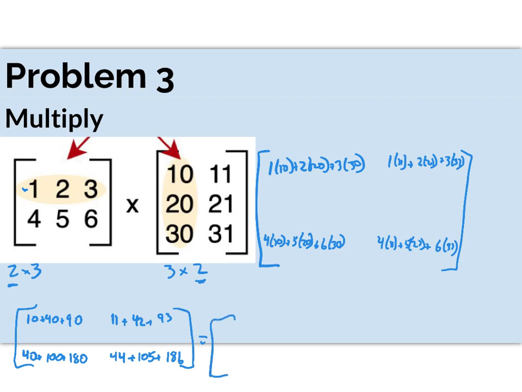Okay, so our first number is 10 plus 40 plus 90 is 140, and then the upper right element is 146, and then we get 320, and then we get 335.